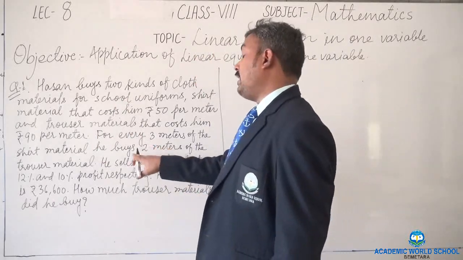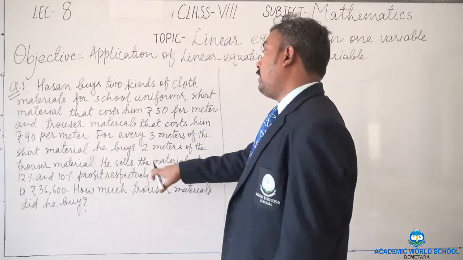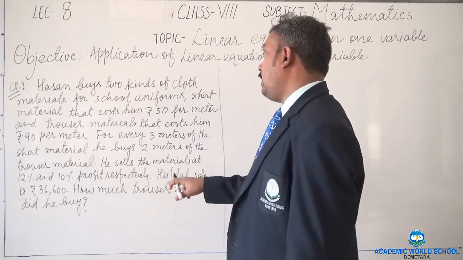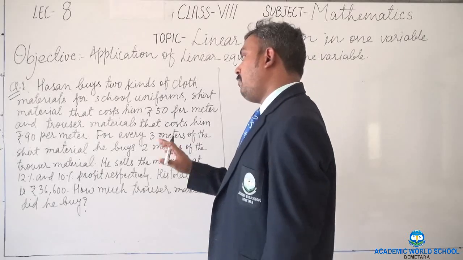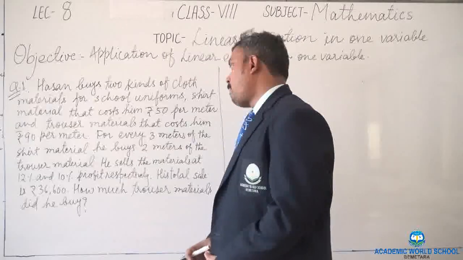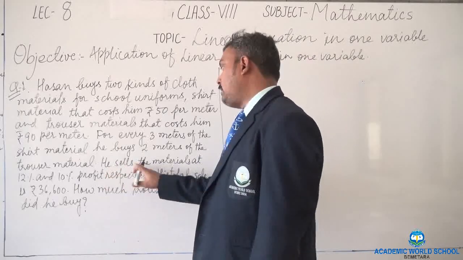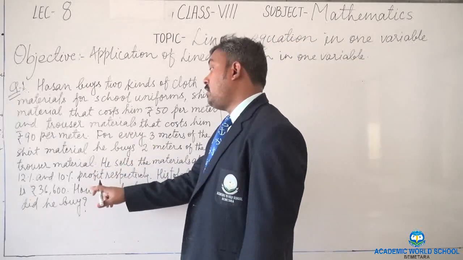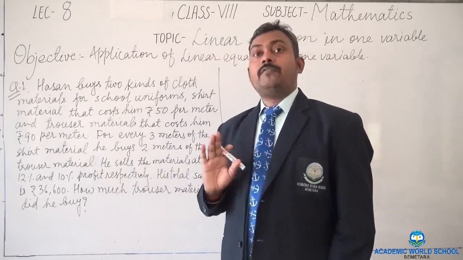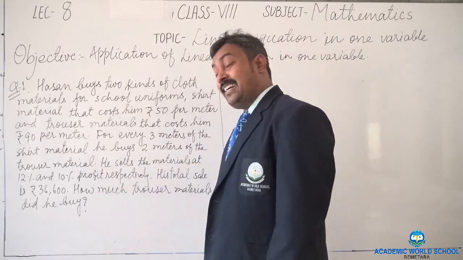Then one very important condition is given, that for every 3 meters of the shirt material, he buys 2 meters of the trouser material. Means if he buys 3 meters of the shirt material, then he buys 2 meters of the trouser material. Then next, he sells the materials at 12% and 10% profit respectively. In shirt materials he sells at the profit of 12%, and trouser materials he sells at the profit of 10%.